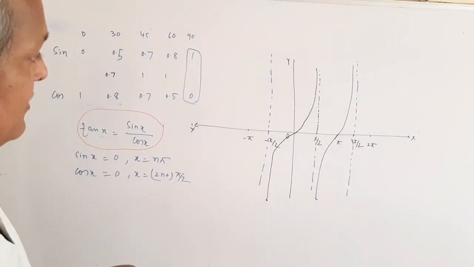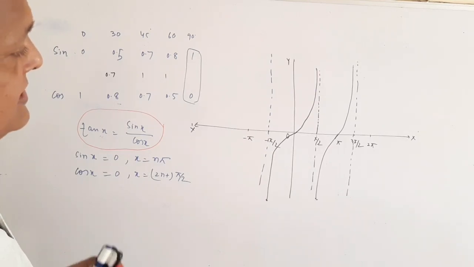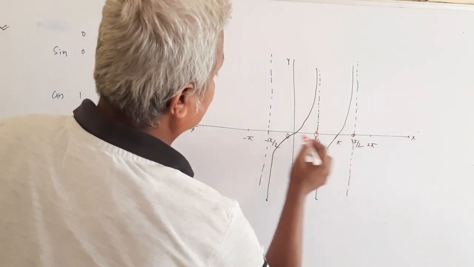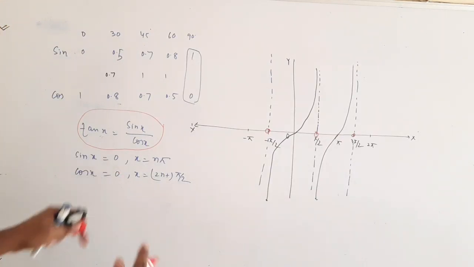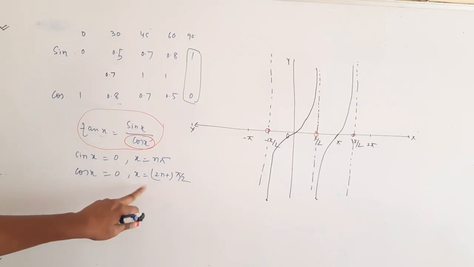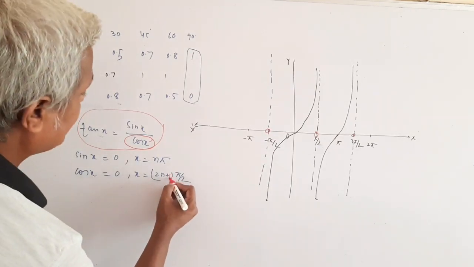Now what is the domain of this tan x? The domain means it cannot have this value, this value, or this value. It cannot have any of those values where cos x is 0, and cos x is 0 at x equal to (2n+1) pi by 2.